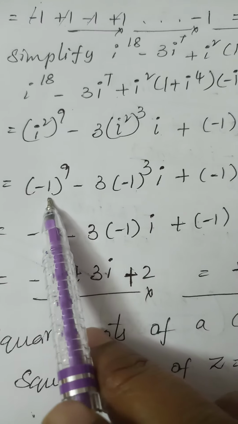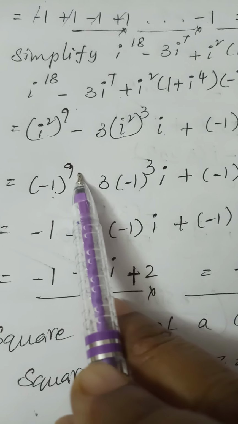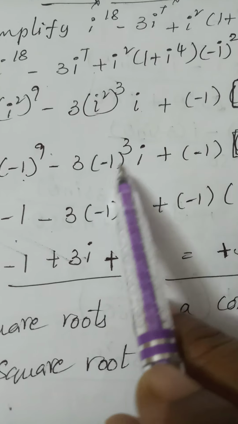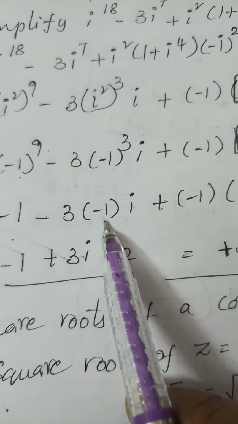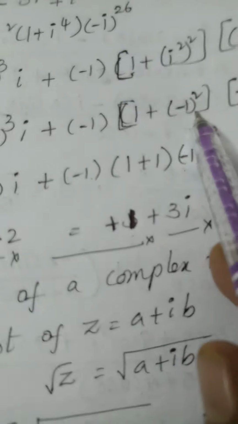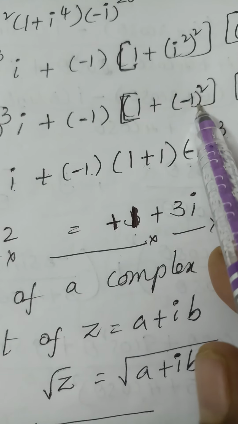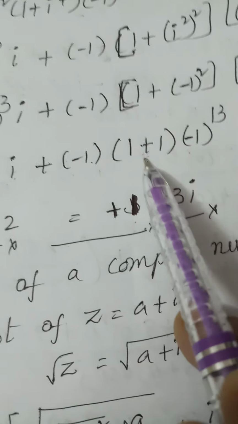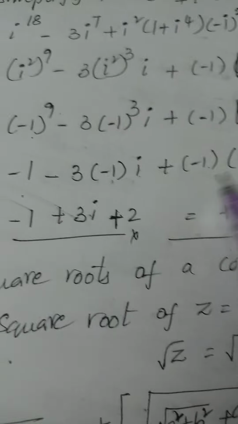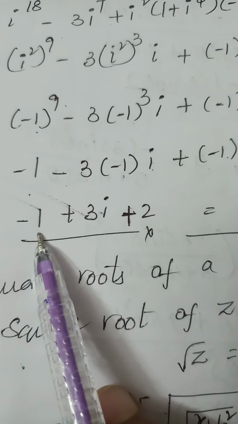Look here, minus 1 power odd number gives minus 1. Minus 3 into minus 1 power, again odd number, gives minus 1, i as it is, plus minus 1 into, here minus 1 into minus 1 will become plus 1, plus 1 is 2. And here this is minus 1 power 13, an odd number, so we get minus 1.